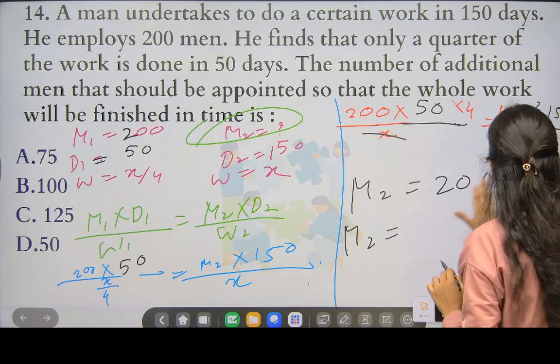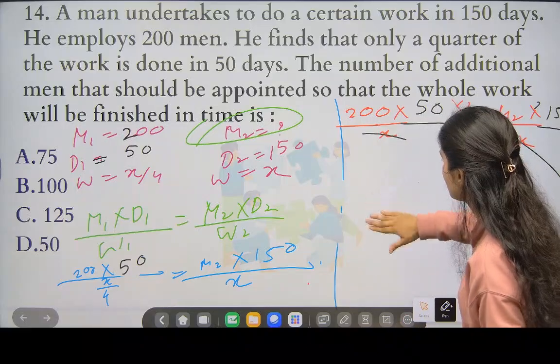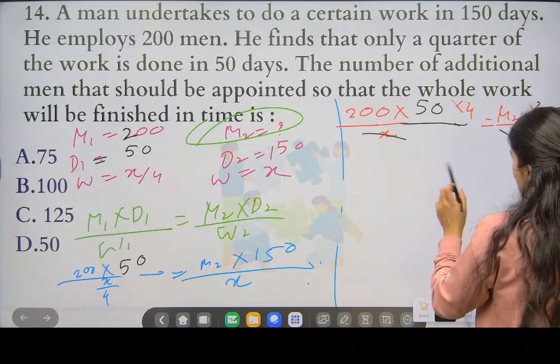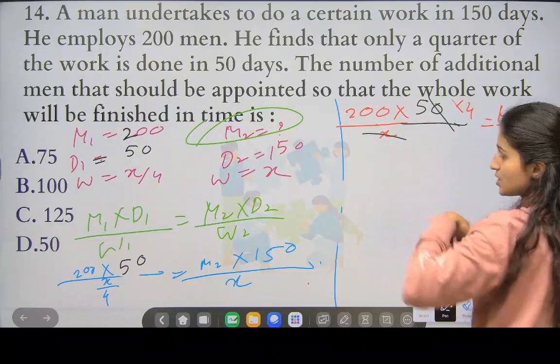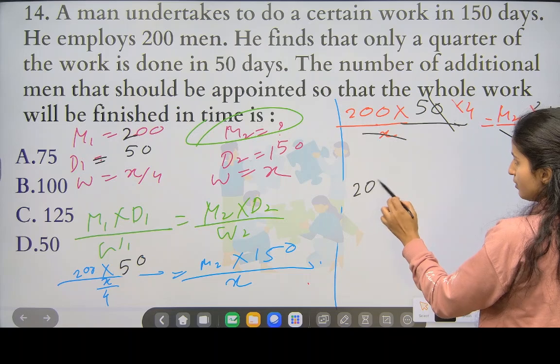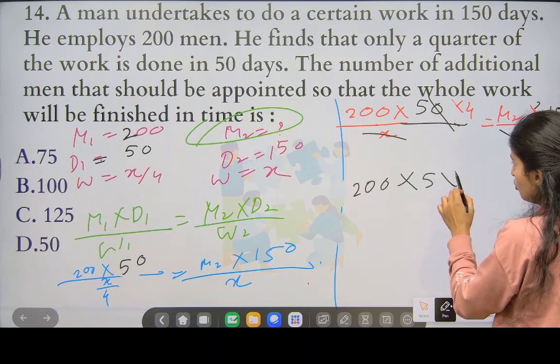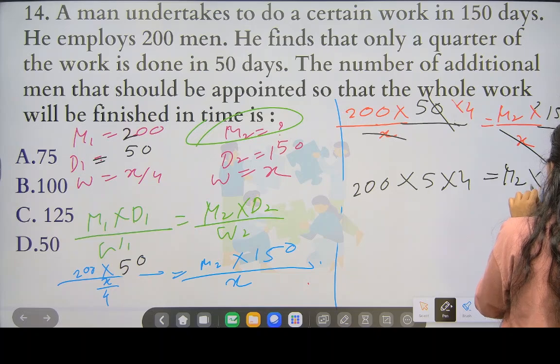No problem. So what will be our condition now? This 0 and this 0 of 150 will get cancelled. Now see here, 200 into 5 into 4 is equal to M2 into 15.